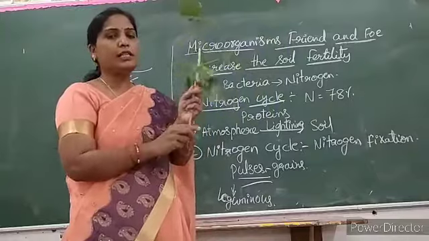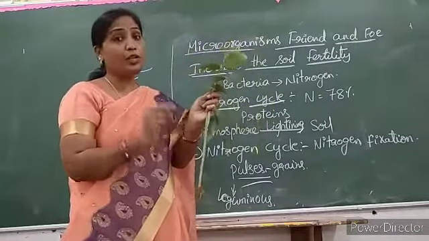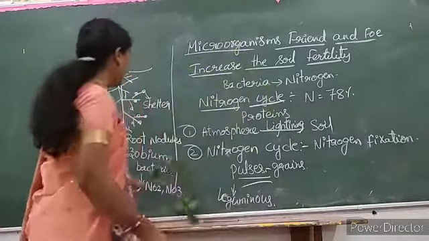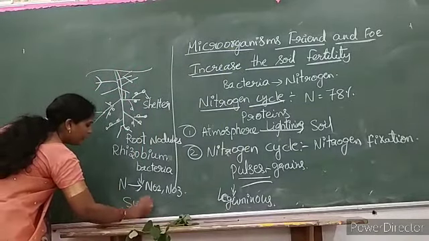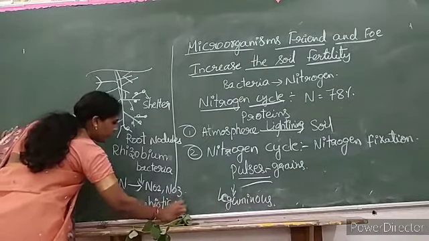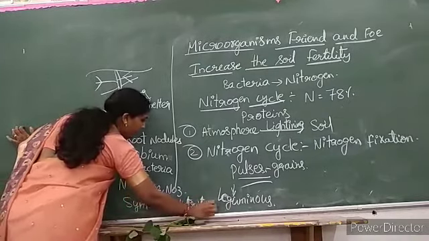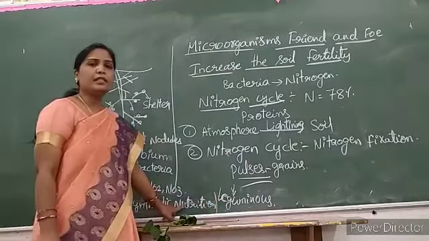You might have learned this in your class 7 nutrition topic, the nutrition in plants chapter. You learned about symbiotic nutrition, right? Do you remember that? What type of nutrition will we say this is? Symbiotic nutrition. Symbiotic nutrition occurs in which plants?